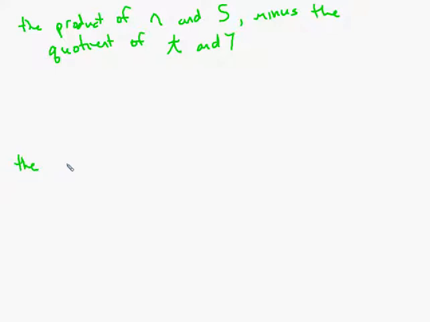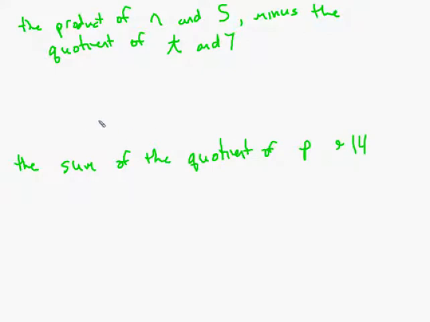Maybe we'll just do 2. We'll end with 2. The sum of the quotient of p and 14.